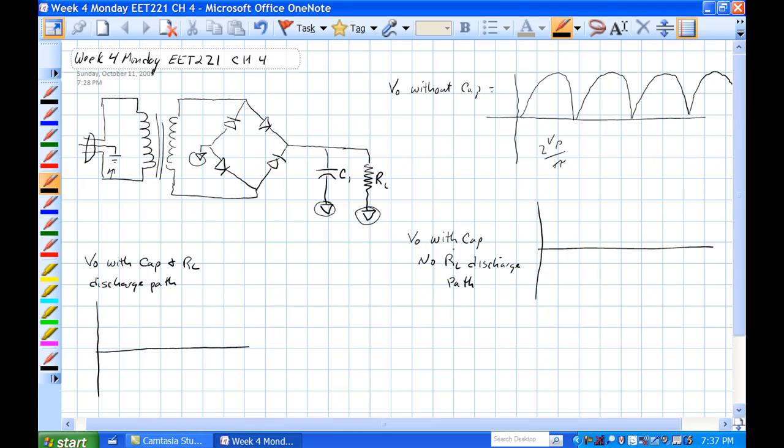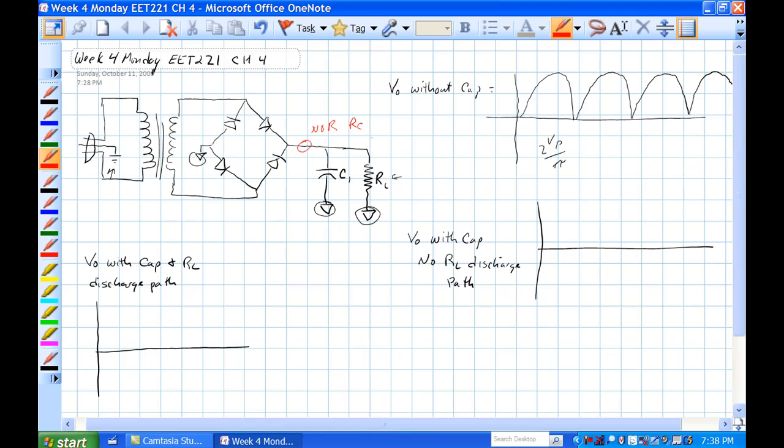Let's look at V out with the cap but with no RL discharge path here. What do you suppose happens to this? We have a cap and there is no resistance here for an RC time constant.